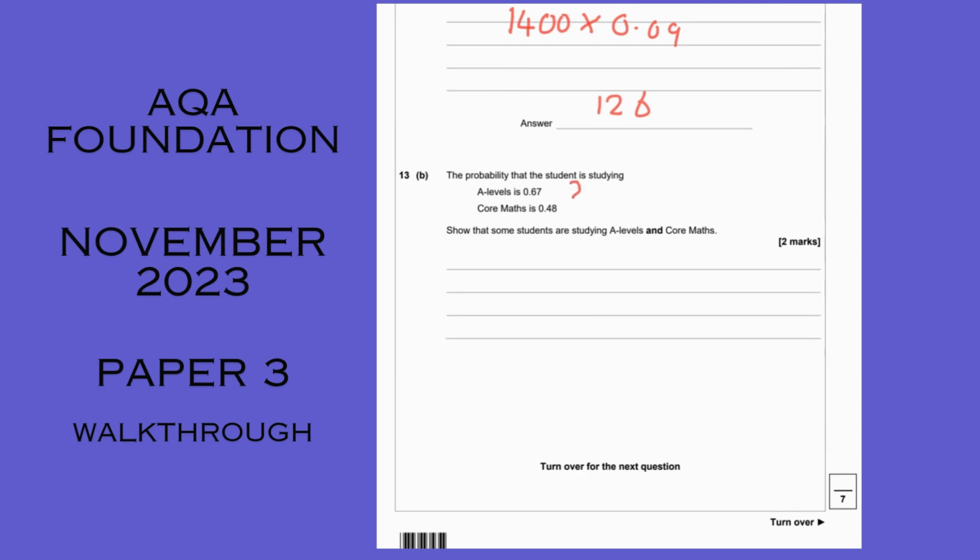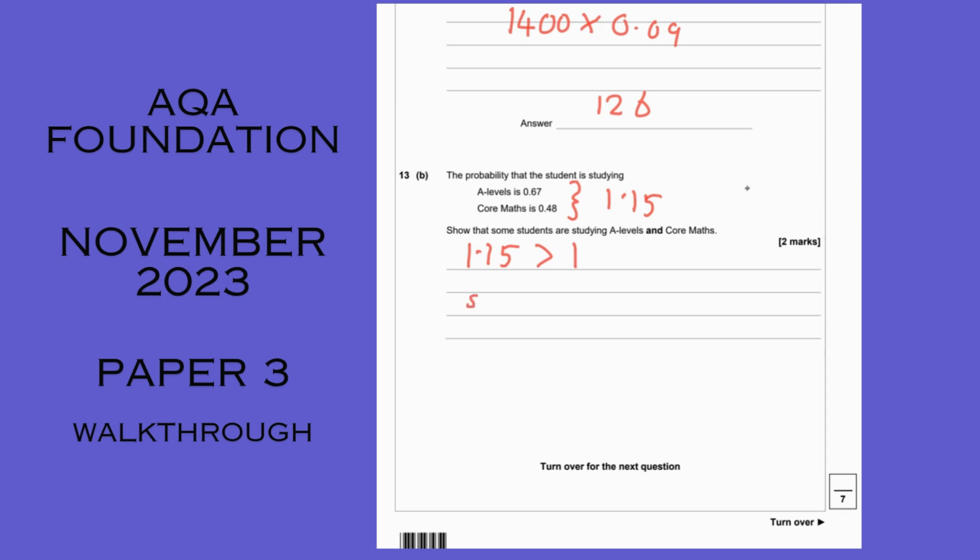Similar to this one, get on your calculator. If you add those together, you get 1.15. Well, total probabilities should not be exceeding 1. 1 should mean all your population, should mean everyone.